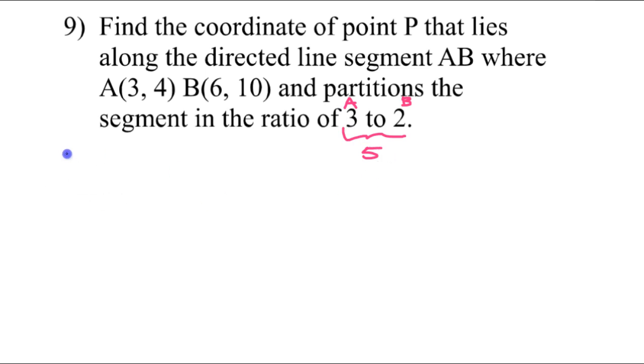So the first fraction is going to be 3 over 5, 3/5, because our partition, our split, is going to be 3/5 of the way from A. See what I mean by the 3 goes with the A? That's why the 3/5 means we're going to go 3/5 of the way from A, and then we'll make our partition.